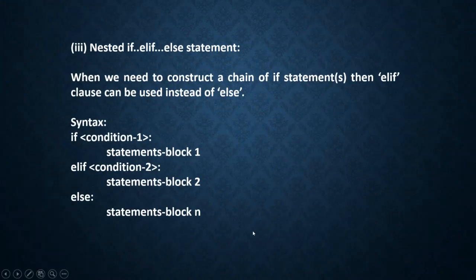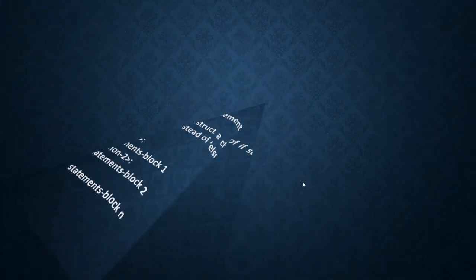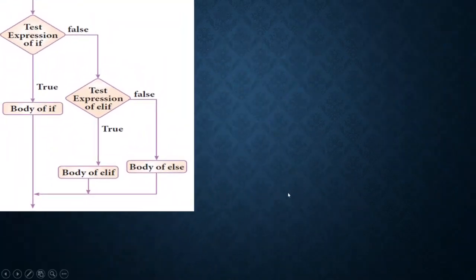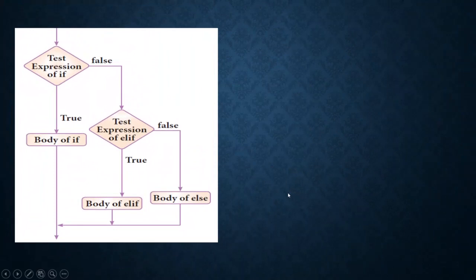Okay, so let us see the nested if else statement. It is a chain of if statements or if else statements. If we have a lot of if else statements, you can use elif instead of else. Let us see the flowchart of the elif statement.